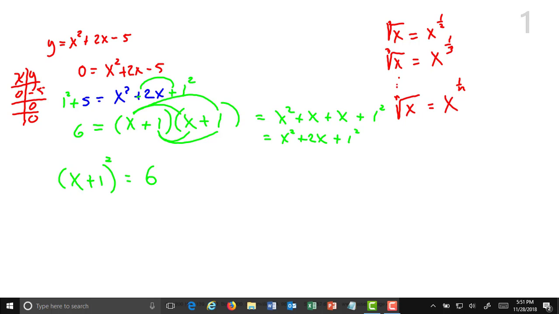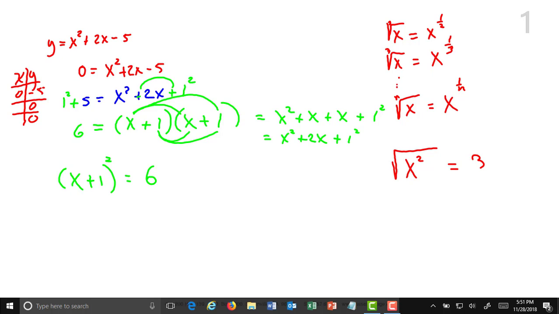Why do I care? Because here's a rule: if you take the square root of a square, look at this, for example. All right, what are the answers for x?